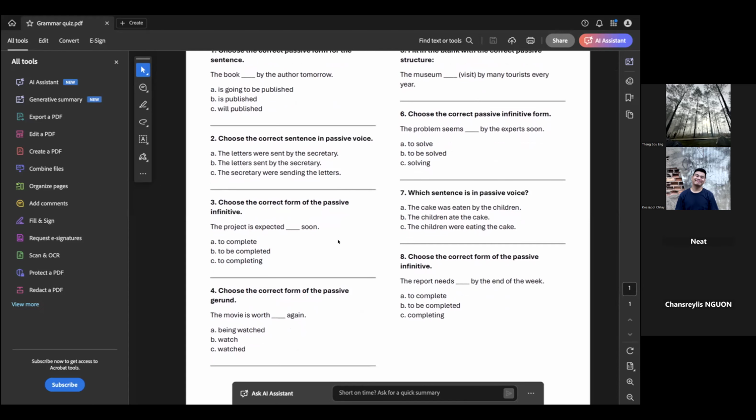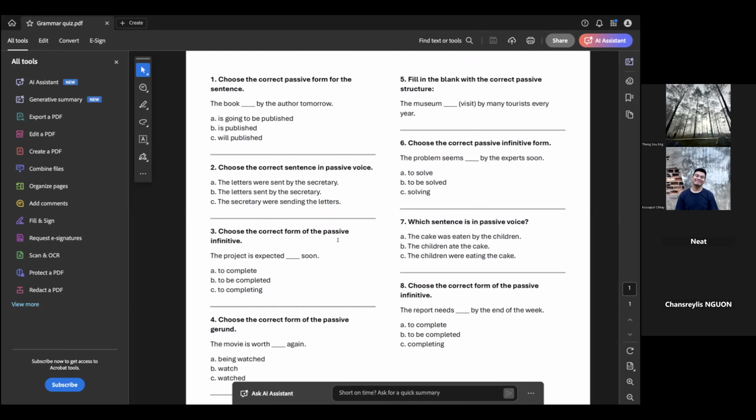Number 2, Bong. Choose the correct sentence in passive voice. The letter was sent by the secretary. Letter A. Yes, I agree. How about you, Bong?